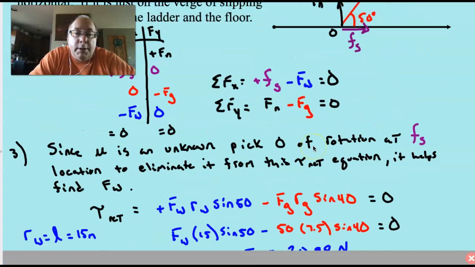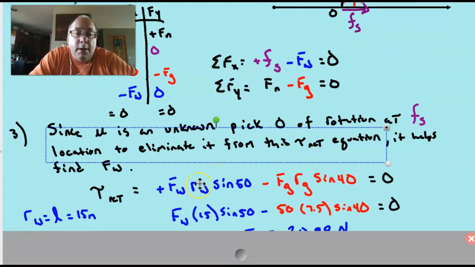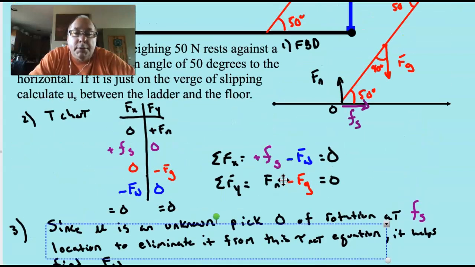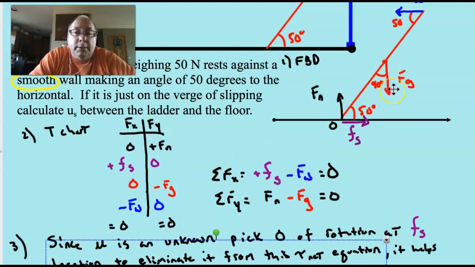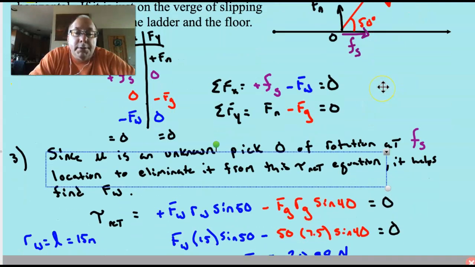That's why it's 50. Plus, it's acting counterclockwise about point O, so that's why it's positive. The gravity force is acting to rotate the ladder clockwise, so it's going to be a negative torque, and it'll be the weight times its lever arm, which is half the ladder length, times sine of 40, because the angle that it makes to the position vector is 40 degrees.